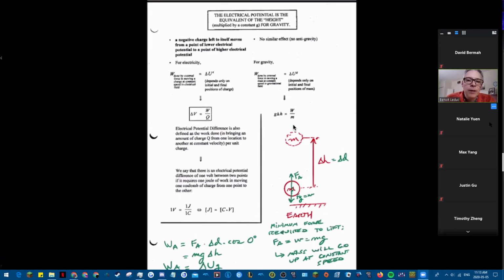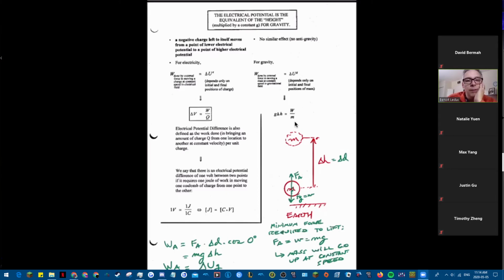So what this tells you is how much work you need to do against gravity per unit mass.